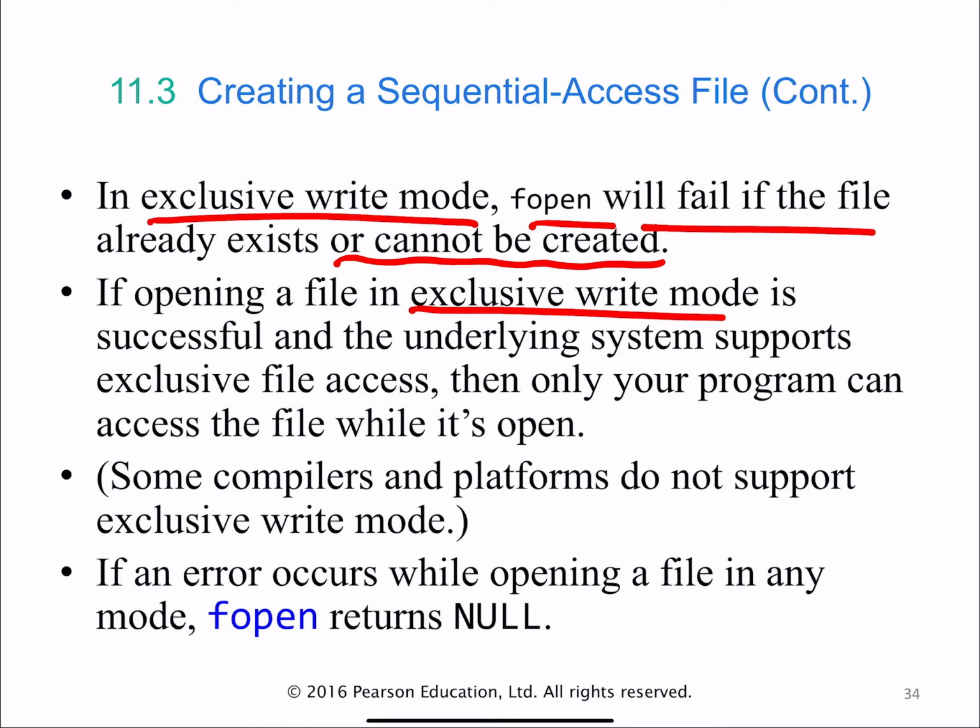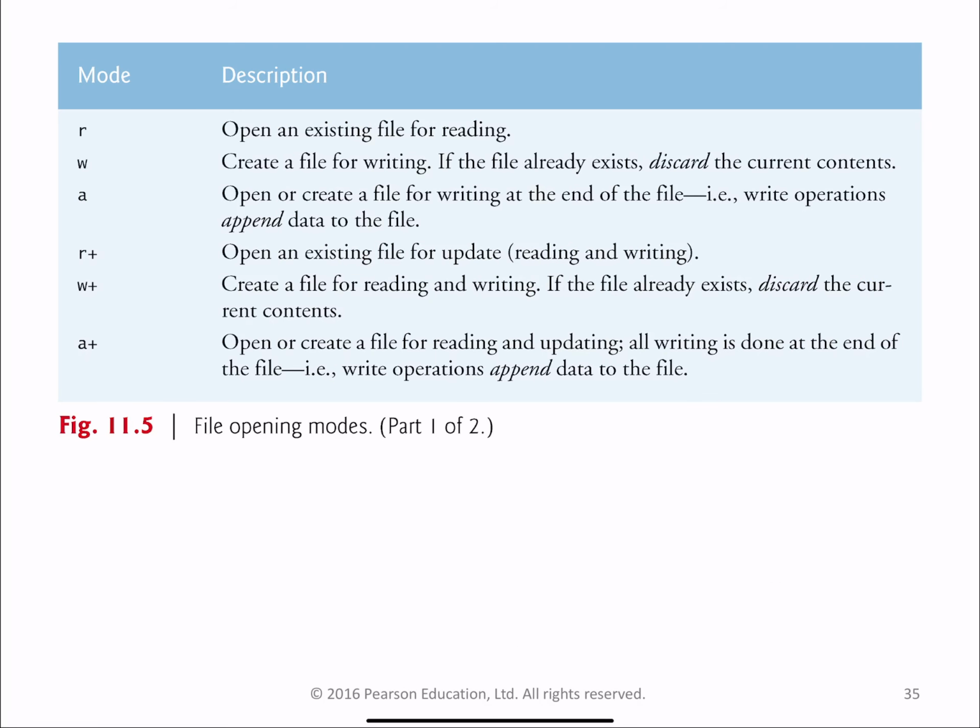So whether or not exclusive write access to a file is available also depends on what system your code is running on, because some compilers, some operating systems do not support it. In any case, if a certain file opening mode is not available, fopen will return a null.